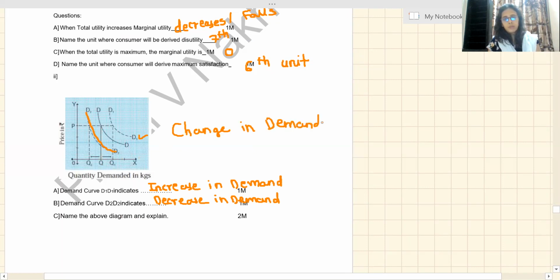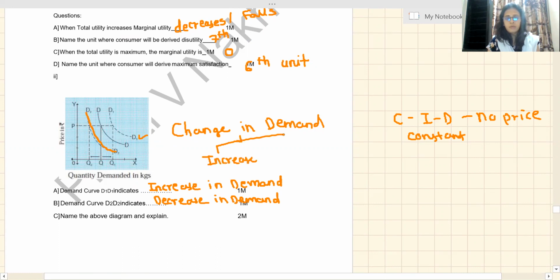I already explained changes in demand: we have to remember CID and no price. CID doesn't charge the price to us, so price remains constant, and C stands for changes. Changes are of 2 types, increase in demand and decrease in demand. So name the above diagram and explain means you explain a little bit about increase and decrease in demand.